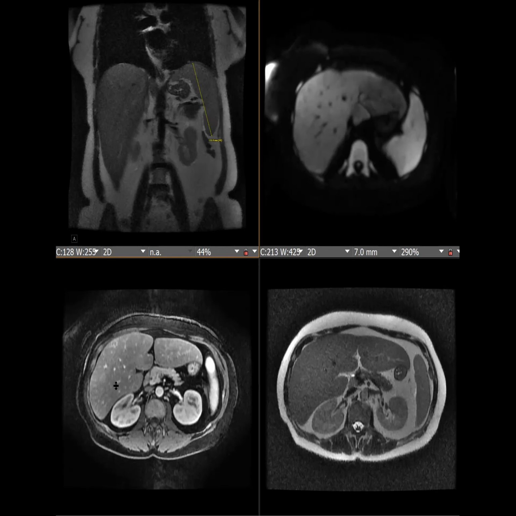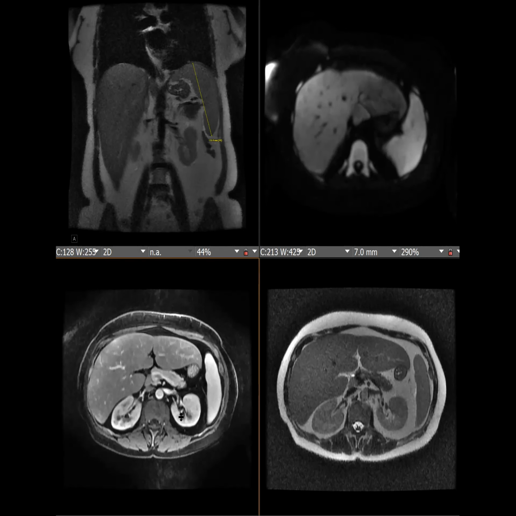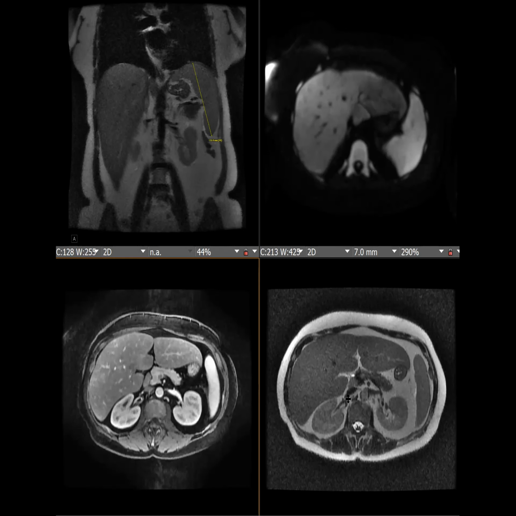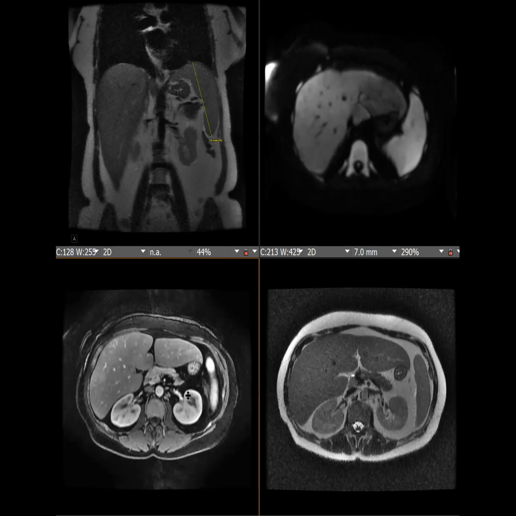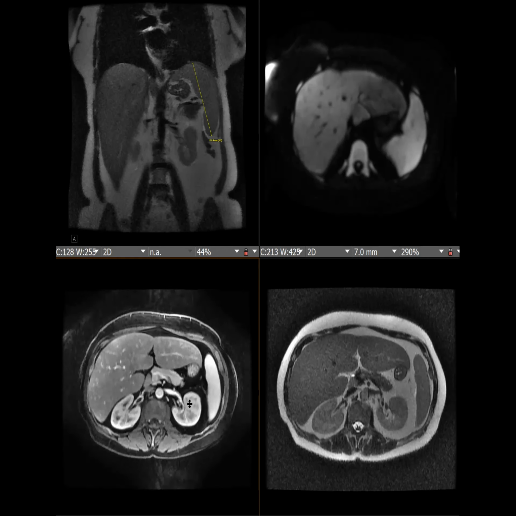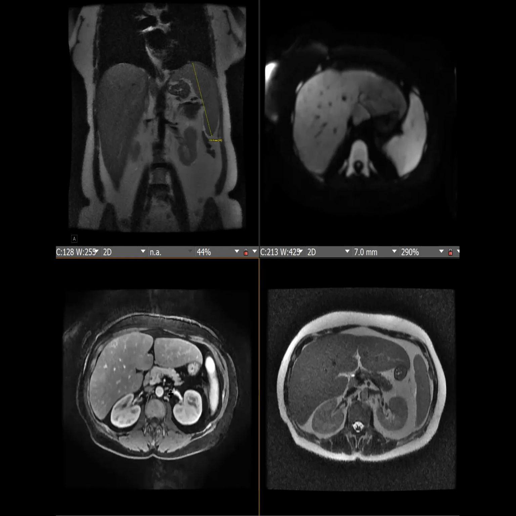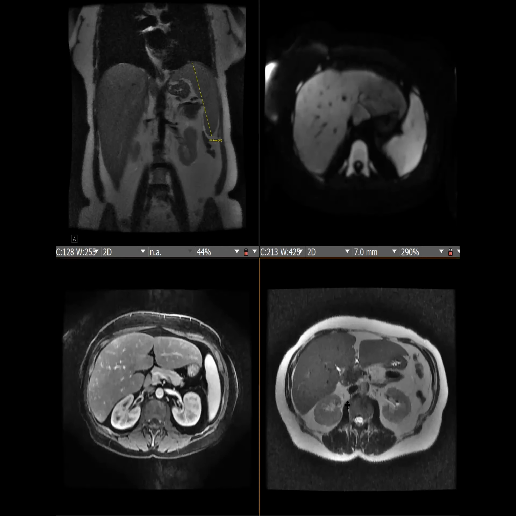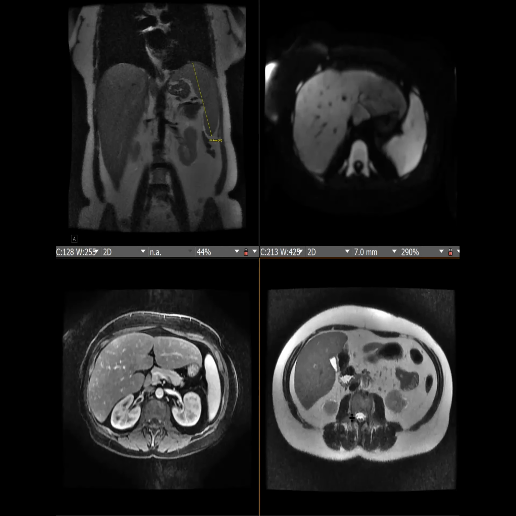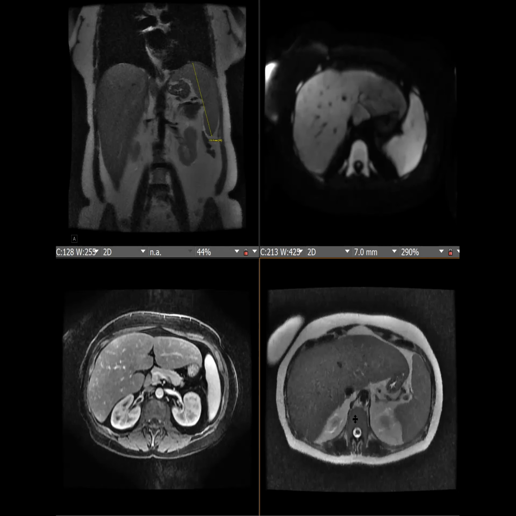But when we were looking at the liver to try to characterize the liver lesion, we noted that the signal intensity from the liver doesn't really look right. We were trying to figure out what's going on with the patient.